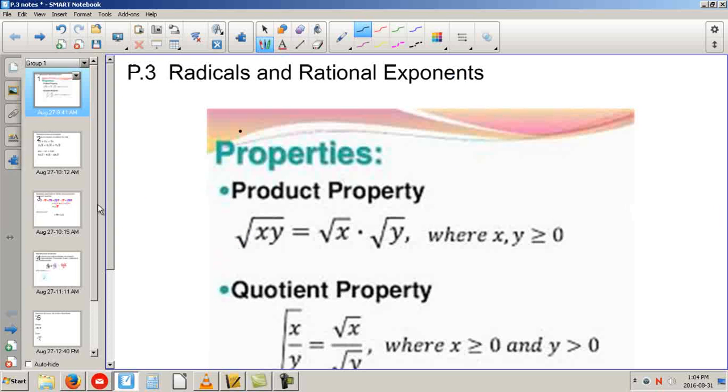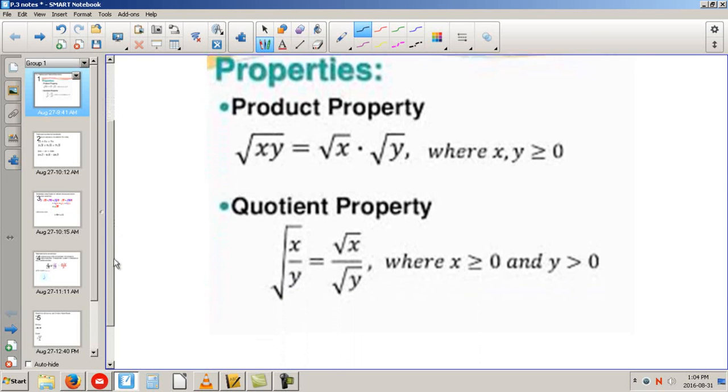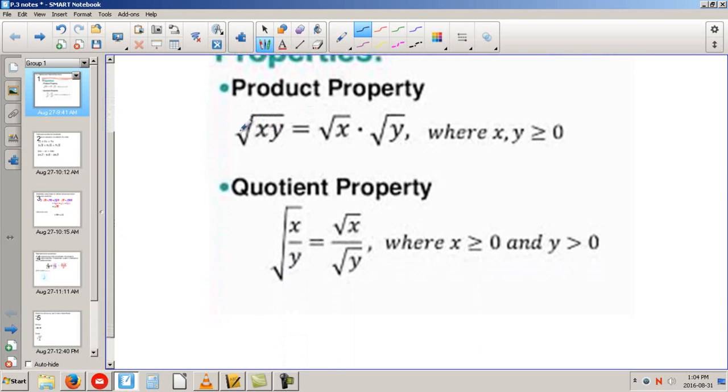Okay, so first there's a couple of properties for radicals that we need to talk about. Any radical, and this could be a cube root throughout, or it could be a fourth root, whatever the case may be. If there's multiple things inside of a square root, we can separate them as long as inside they were multiplied, then we can do multiplication on the outside. Think of it like the square root of 9x.